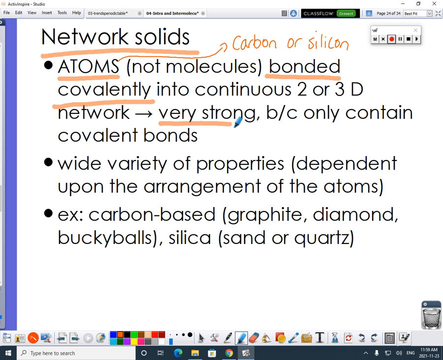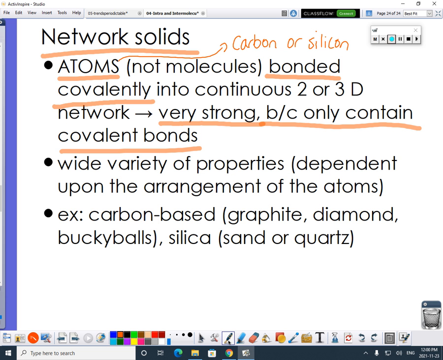And the very strong, oh, it says it again. Covalent bonds 2 times, okay? So covalent bonds, those are actually intramolecular forces. They are very strong, okay? So you can have lots of bonds or only a few bonds. And that's why you get a wide variety. So it depends on how many bonds basically you have.